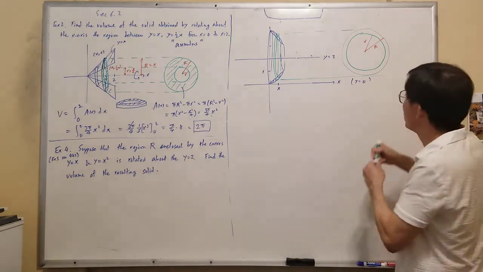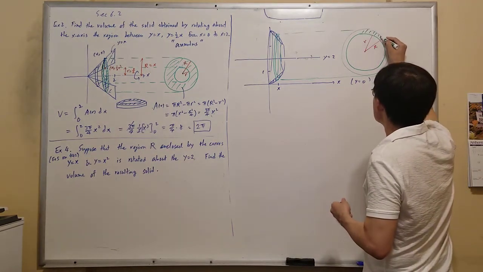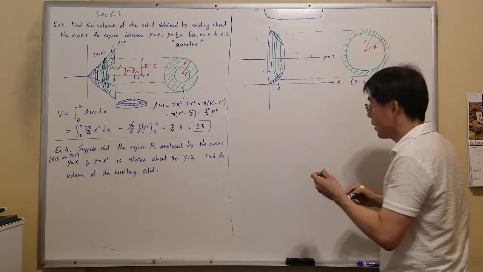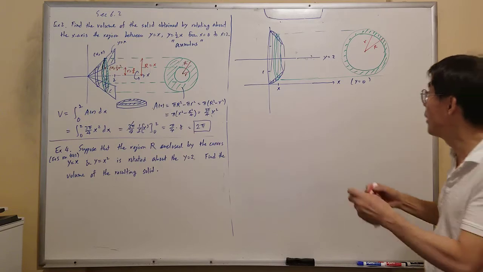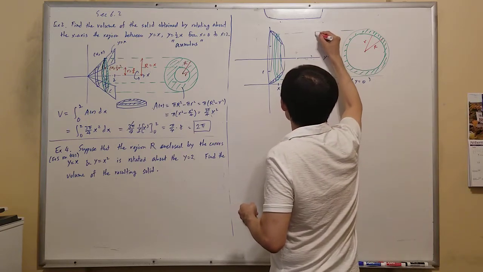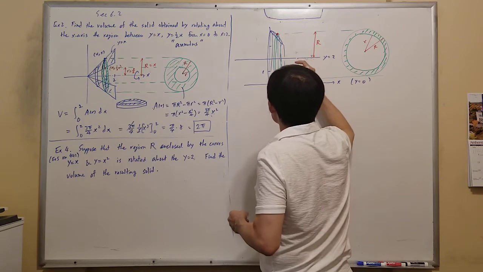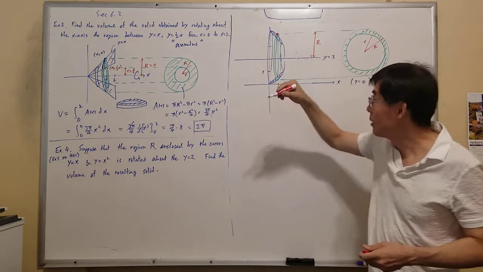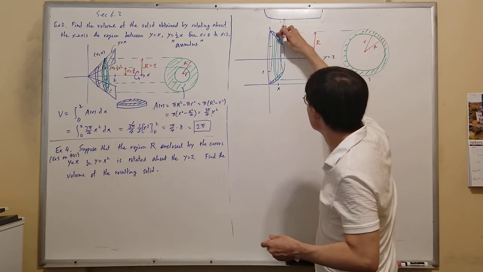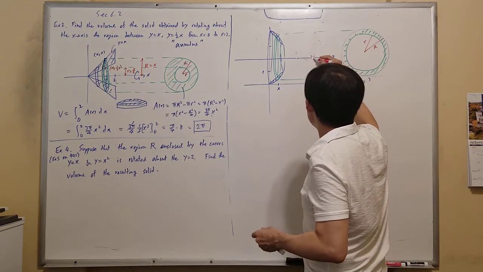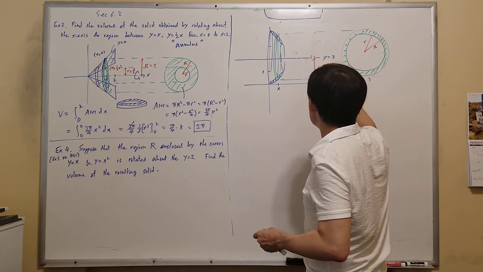Our region is between two concentric circles, the cross-sectional region. So we have to find capital R, which is this, which is same as not the y coordinate. Oh, we have to use the original graph here. Sorry about that. This is R, capital R.